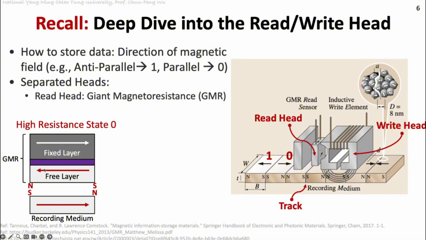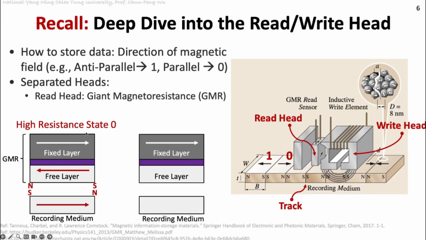Okay, so this is the characteristic behind the GMR. If the fixed layer and free layer show anti-parallel magnetic directions, then the resistance value will become high. On the other hand, the fixed layer is again in the same direction, and now the recording medium stores data with the left-hand side north and the right-hand side south. Again, as the GMR moves through this recorded medium, the free layer will be sensed, and this time the right-hand side is north, left-hand side is south.